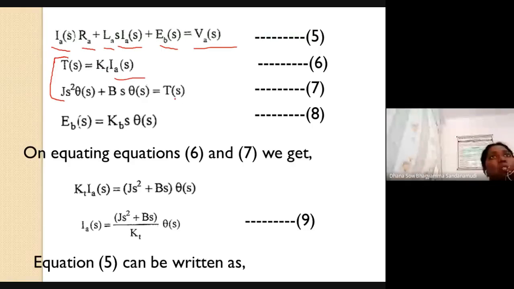These two are torque equations, so if you equate equation number 6 and 7, you will get this equation. Simplify it further to determine Ia of s in terms of theta.